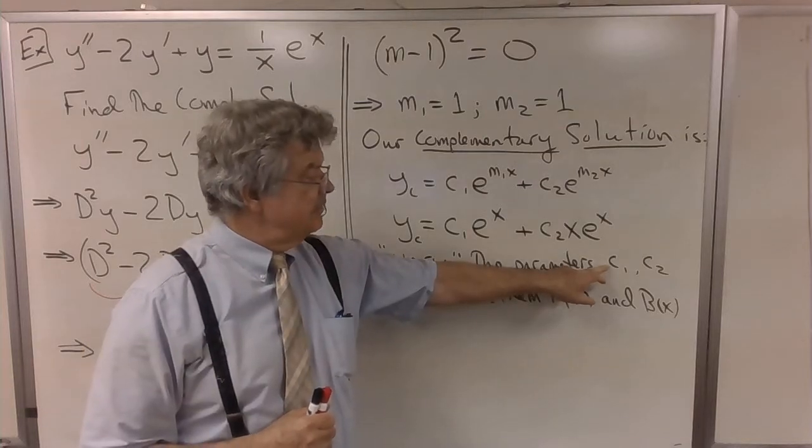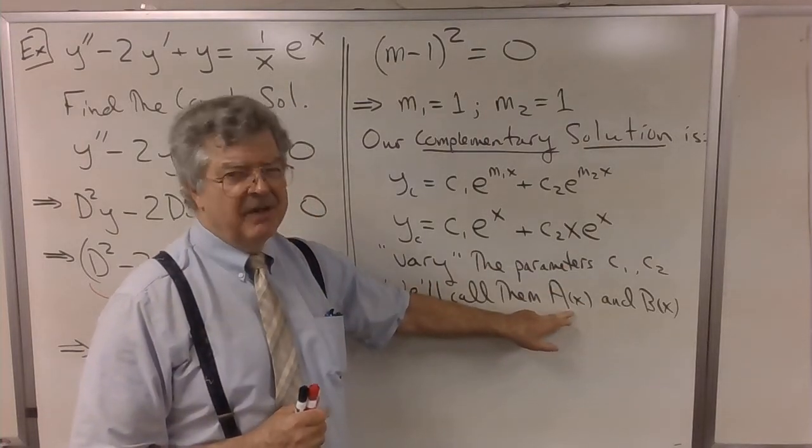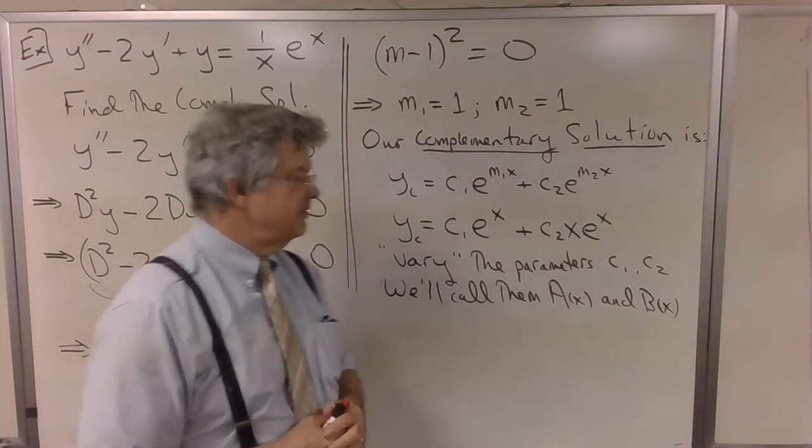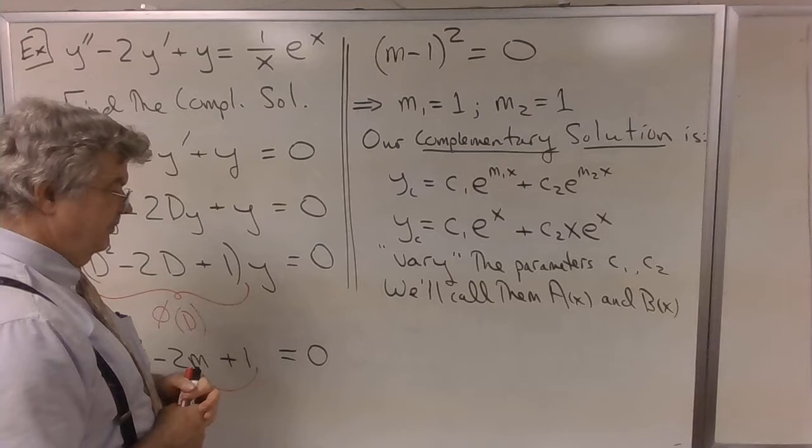So this constant C1, we're going to vary that and call it A of x. This constant, we're going to vary that and call it B of x.